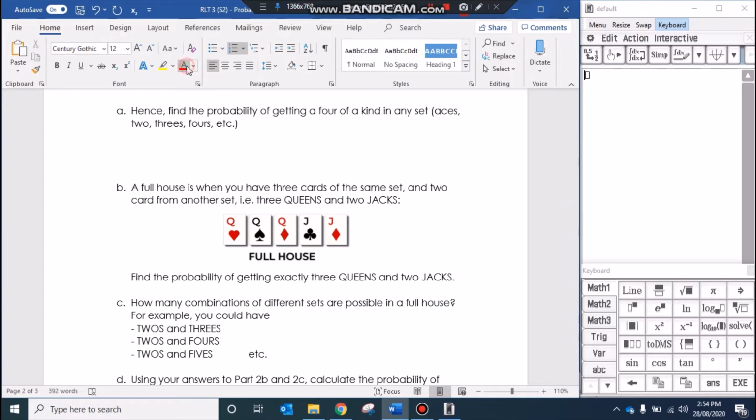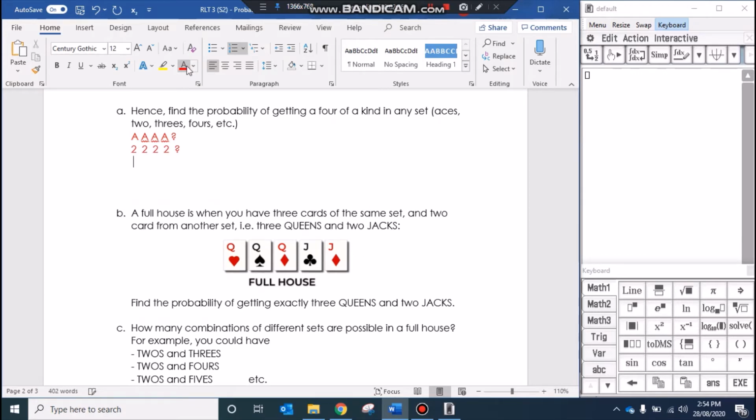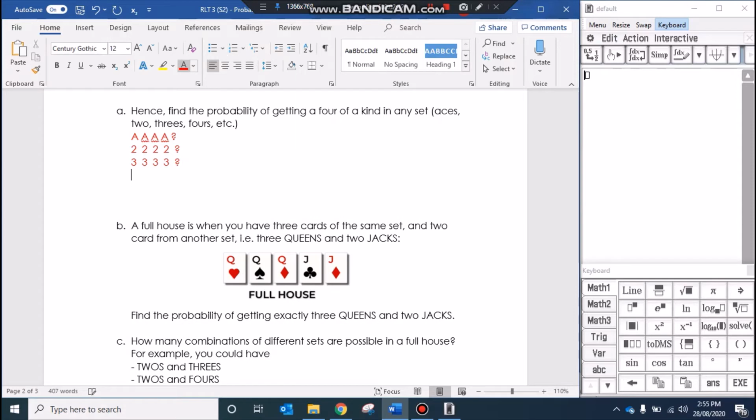What are we actually talking about here? One example is 4 aces and one other card. That's one option. Another option is 4 2s and one other card. Another option is 4 3s and one other card, and so on.